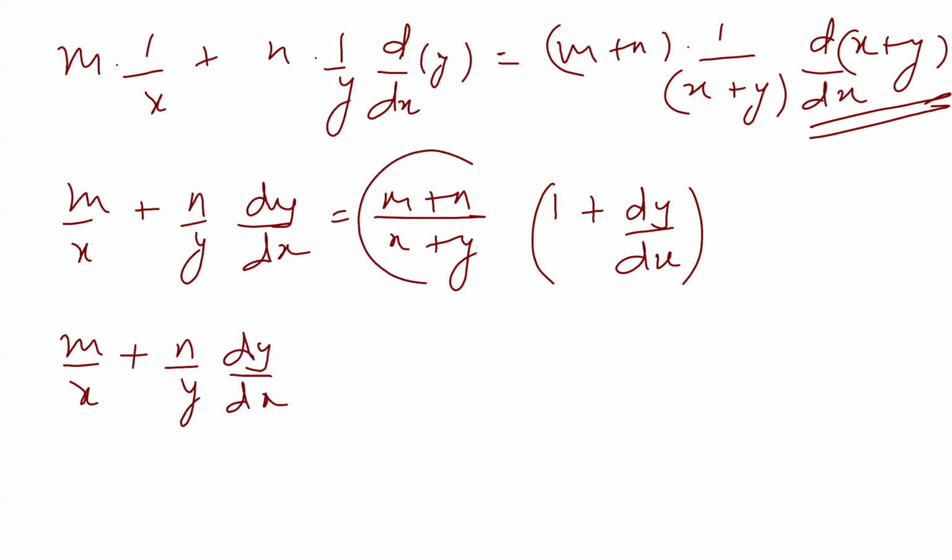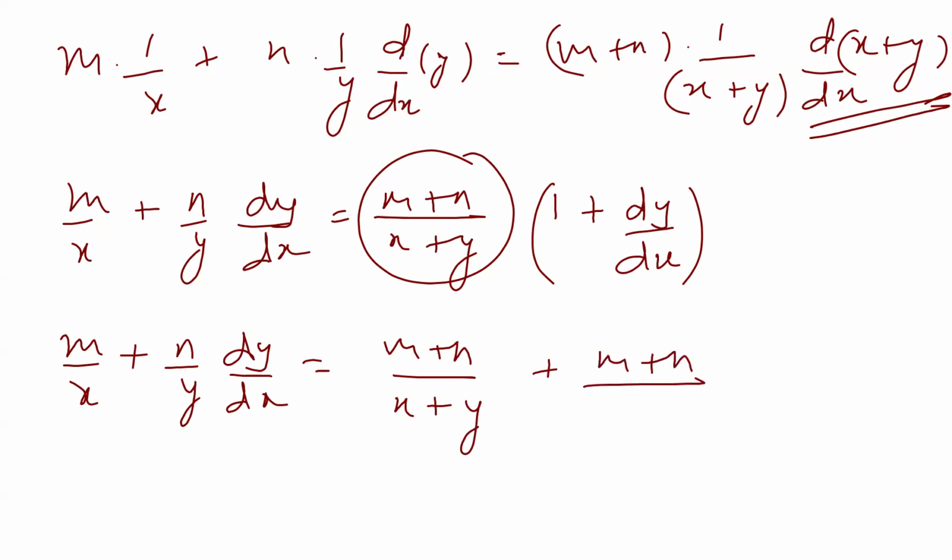Right hand side, multiply this term with the terms in the bracket. m plus n upon x plus y into 1 is m plus n upon x plus y, and m plus n upon x plus y dy by dx into dy by dx will be this. So it is getting multiplied with both the terms.